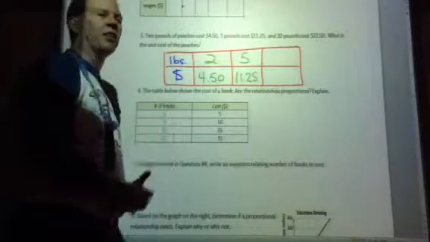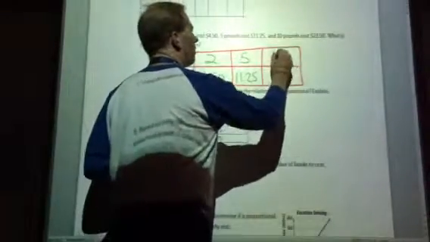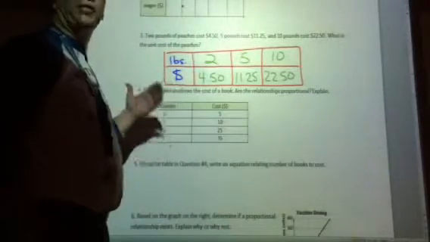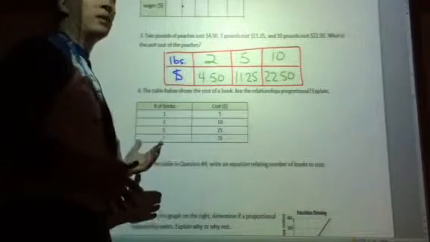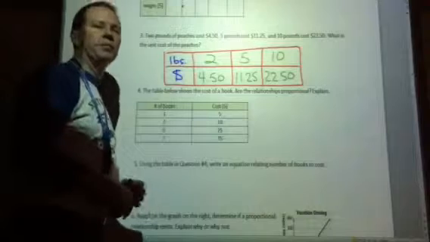We don't need the dollar sign in there. And then 10 pounds is going to cost $22.50. So 10 pounds is going to cost $22.50. So again, if you need some time, if you're not caught up with running all your numbers, go ahead and pause the video and go ahead and start it up again when you've got all your numbers written in there.